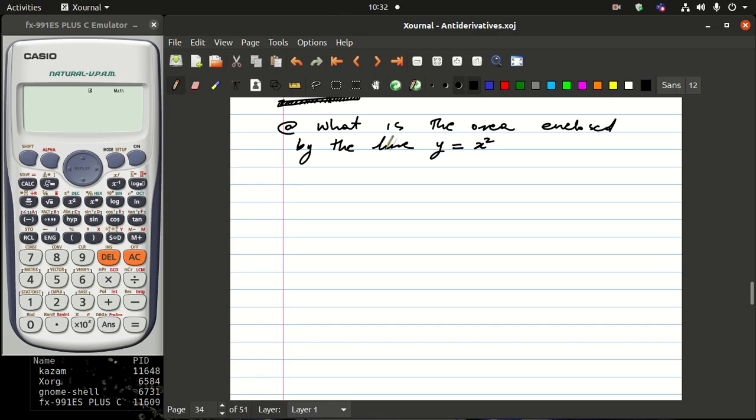Sometimes they say the line or the function. The x-axis and the line x is equal to 2. What is the area? They want you to find that area.